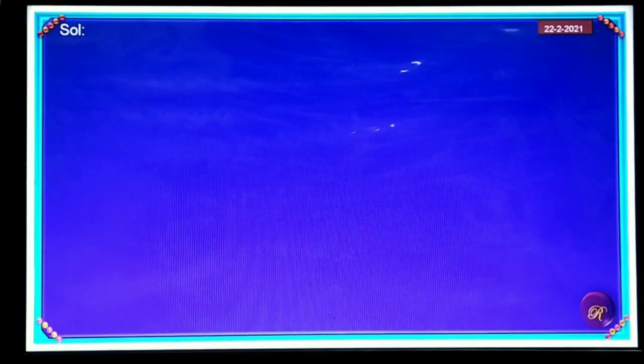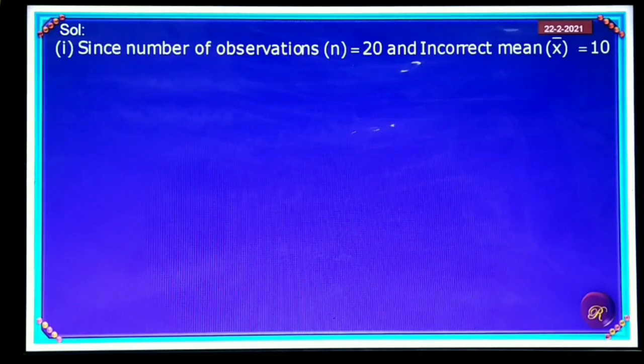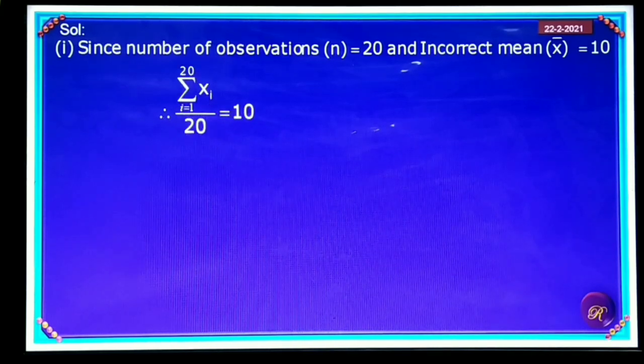Solution. Since number of observations n is equal to 20 and incorrect mean x bar is equal to 10, therefore mean x bar, that is summation of xi, i is equal to 1 to 20, divided by 20, is equal to 10.